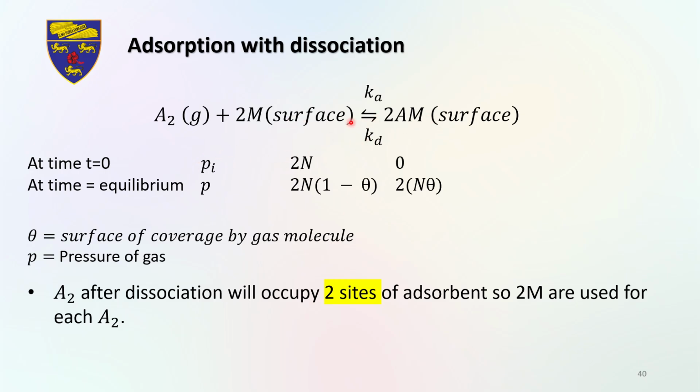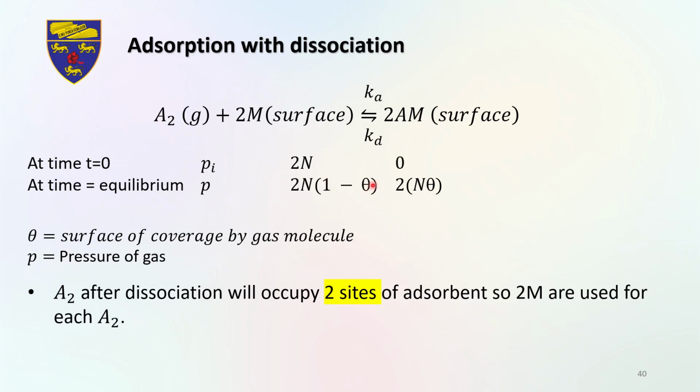The processes of adsorption and desorption occur simultaneously, and the rates are the same. So at equilibrium, the pressure is equal to the pressure of the system, while the available empty space for adsorption is equal to 2n multiplied by the fraction of the unoccupied sites, which is 1 minus theta.